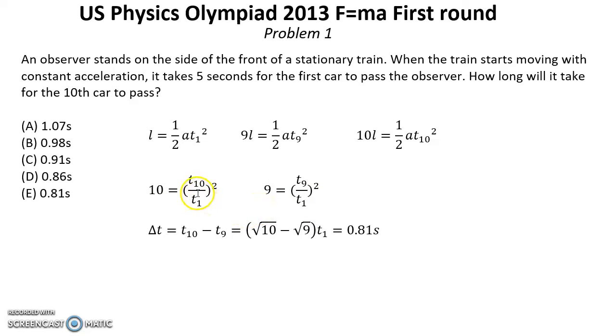Now we can express T10 and T9 through T1 and subtract the time for 9 cars to pass the observer from the time for 10 cars. It will be the total time to pass car number 10. And finally we have 0.81 seconds, which is answer E.